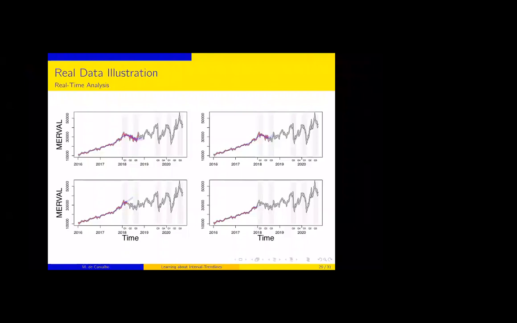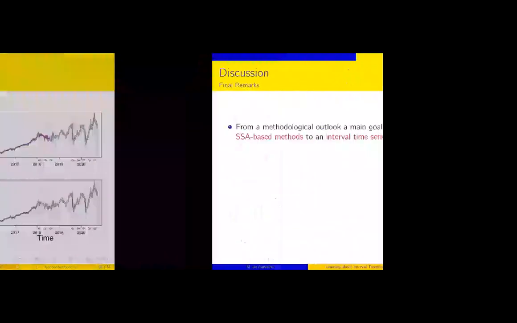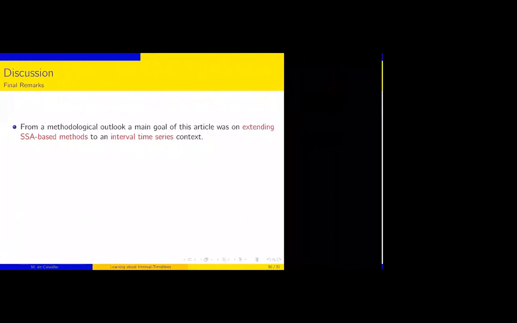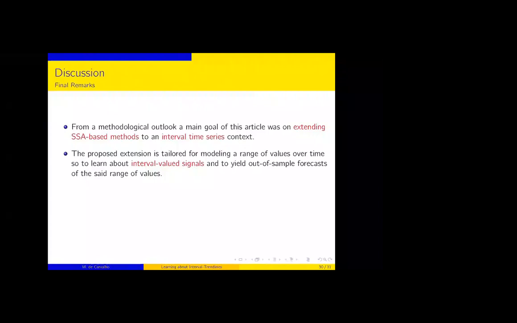Okay, so now let me just finish. One of the main goals of this article was on extending singular spectrum-based analysis to an interval time series context. I think it's fair to say, personally at least, I'm very happy about the trend lines and also about the way we learn about trend lines.